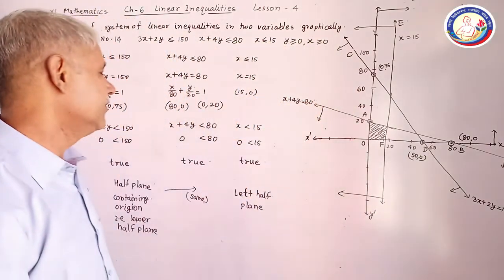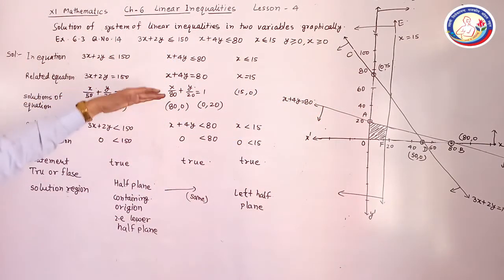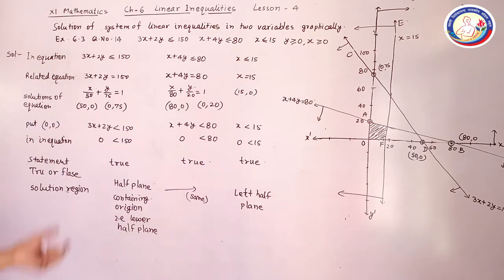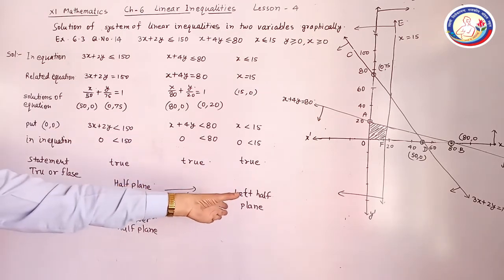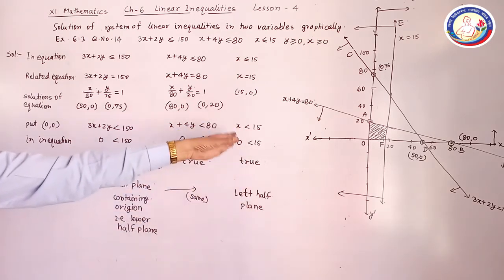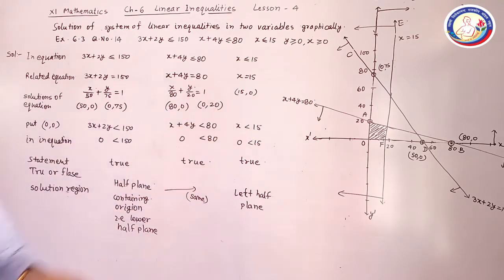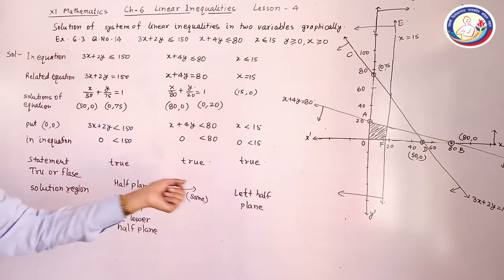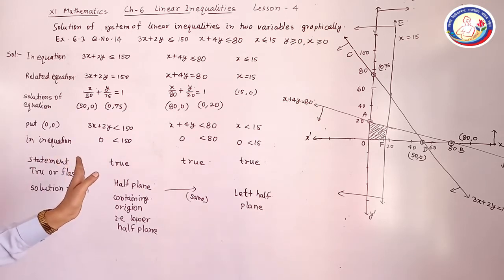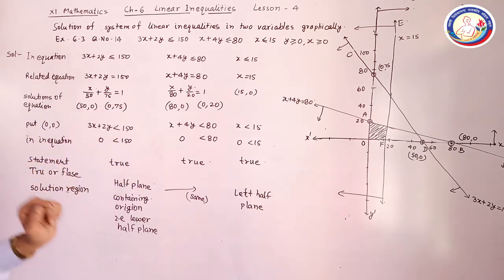So this is the region of solution. I have written it in a tabular form. You can present the solution, or you can write the solution in a different manner, whatever you consider easier or suitable.